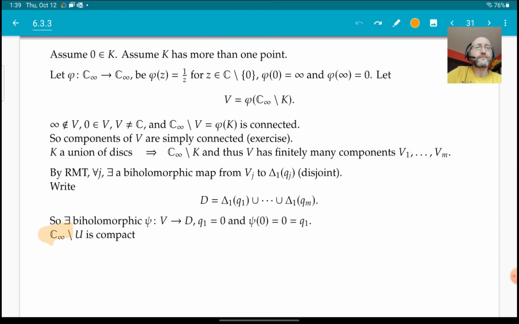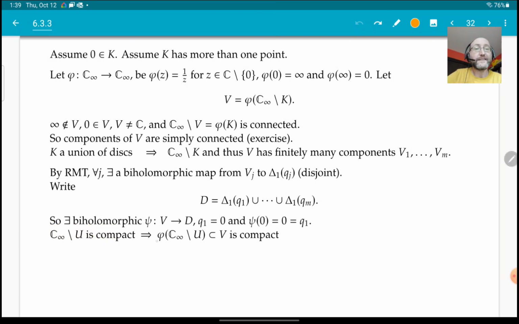Now, the outside of u in the Riemann sphere, including infinity, is compact. Obviously not in C; C minus u is not going to be compact. But the Riemann sphere minus u is compact, because the Riemann sphere is compact and the set is closed.